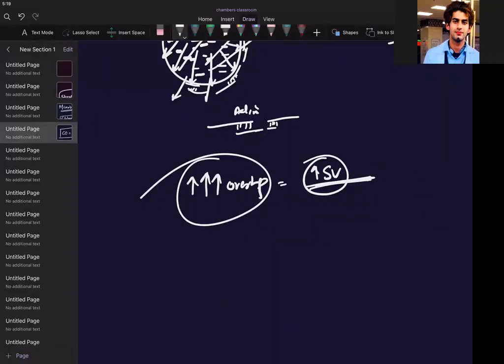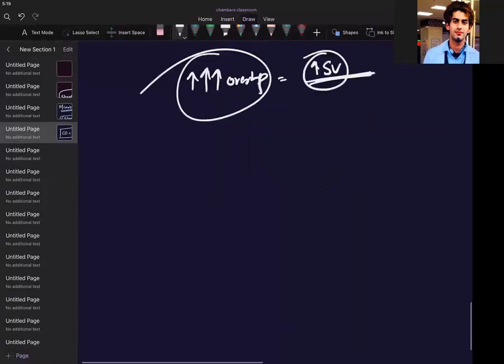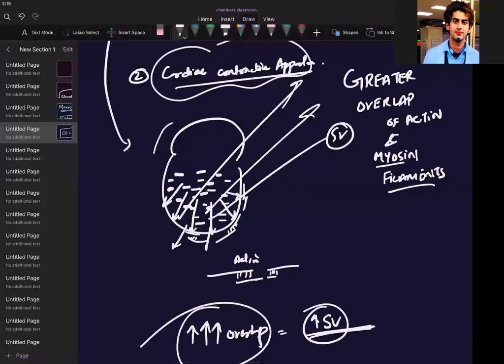It is saying that if you increase the preload, I will write that, again I take this diagram, preload is increasing because the end diastolic volume is determining this preload. This preload does some changes in the cardiac myocyte apparatus.